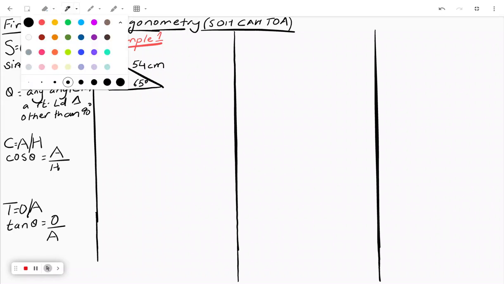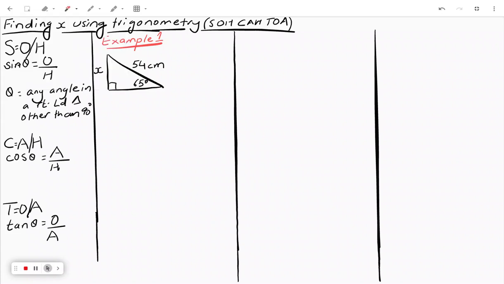Now I'm going to use the red pen to label those sides which have been given to me. So the side opposite 65 degrees is called opposite, and this one here, as I said, is called your hypotenuse. Now my next thing after I've done that, I will look at these three formulas here. I'll look at SOH, I will look at CAH, and I'll look at TOA.